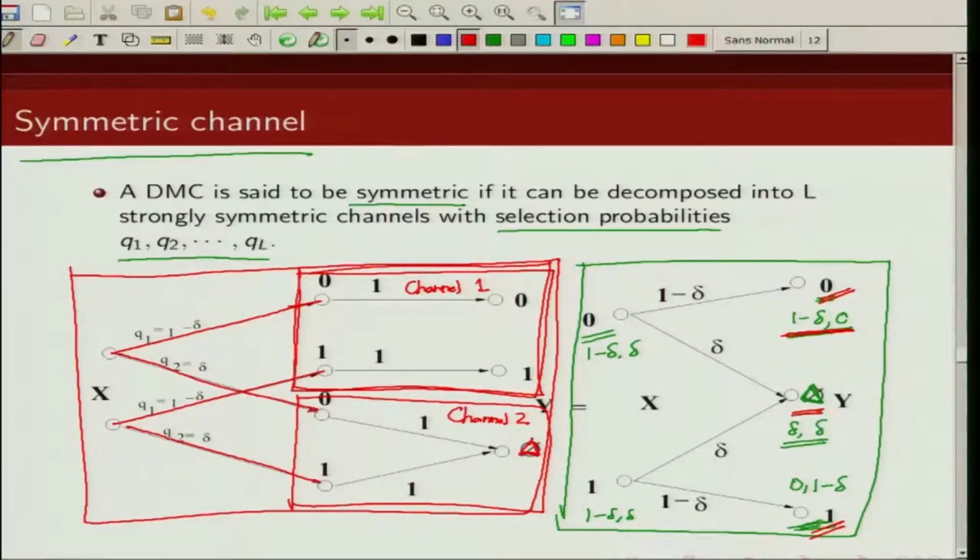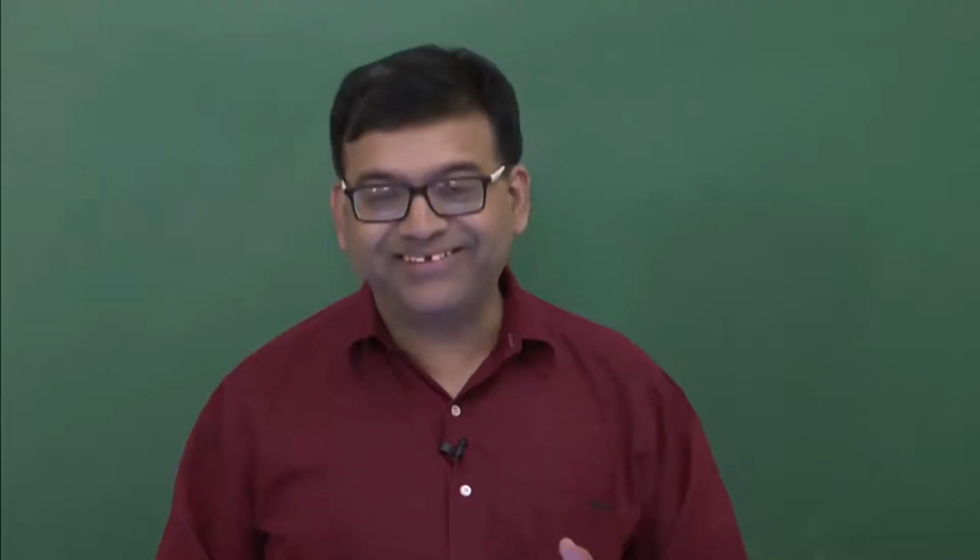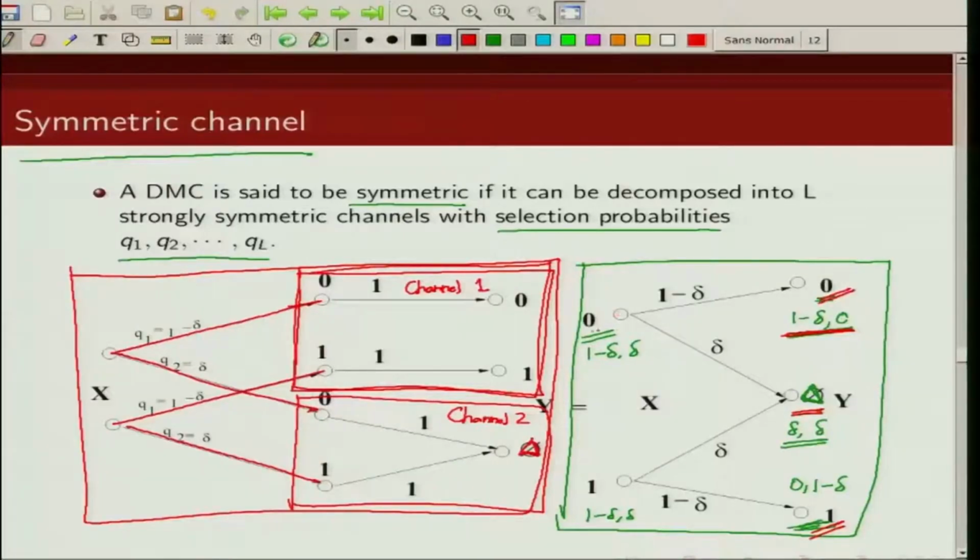Now note that these two channels are exactly equivalent. Why? Look at the transition probability from this input to this output. This is 1 minus delta, or 1 minus delta into 1. Now look at the transition probability from 0 to this particular output, that is delta, so this is delta into 1.